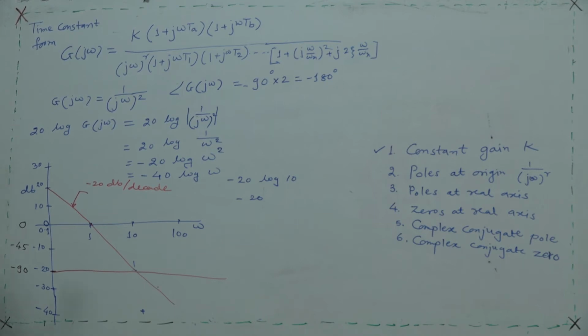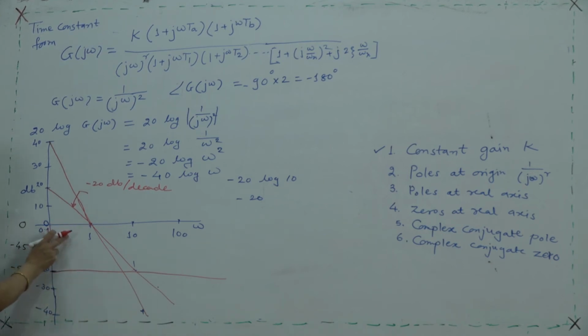So, how do you have to draw it here? Here also you consider plus 40, and you will get a line passing through 1, okay. Like a straight line passing through this.